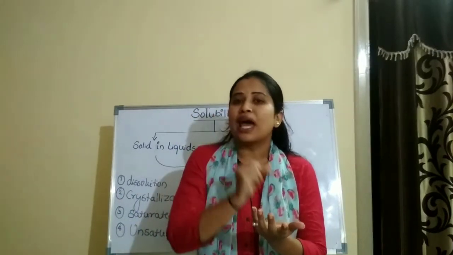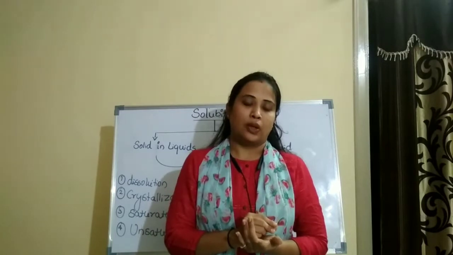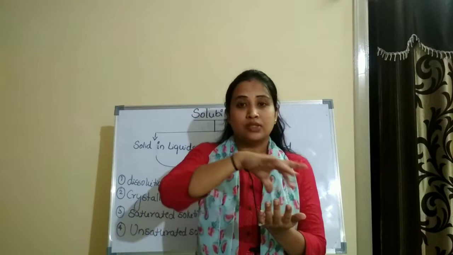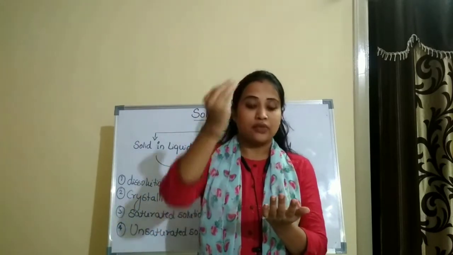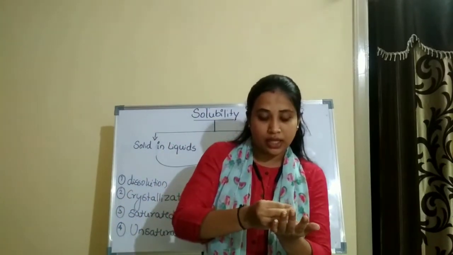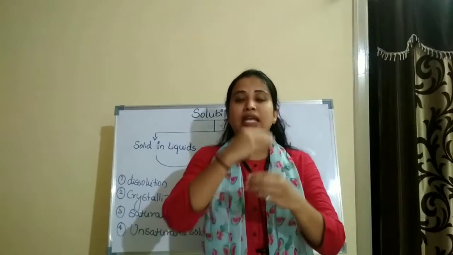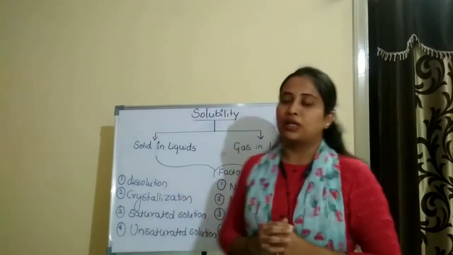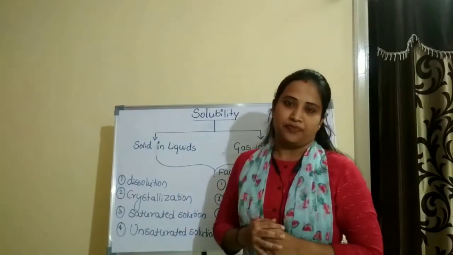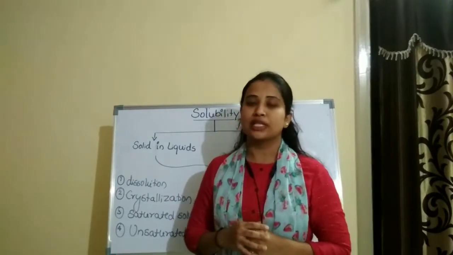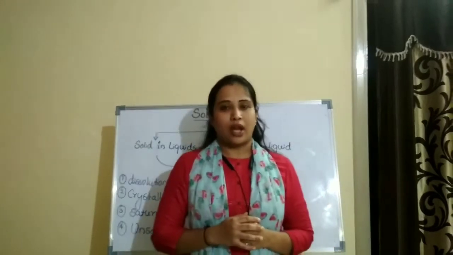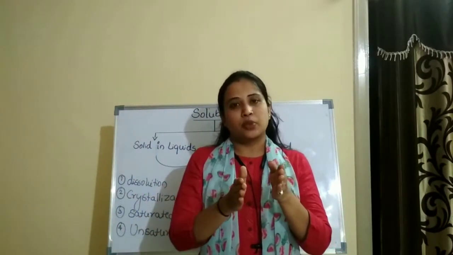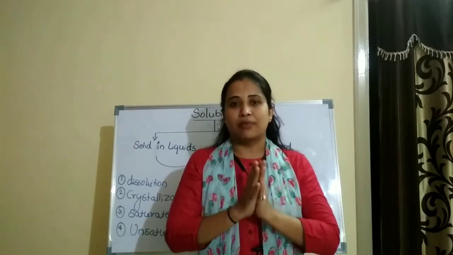When the dissolved salt collides with the solid salt that I am putting, the salt will start reappearing. That state we are going to call crystallization. I hope you have understood this part. At one stage, the dissolution process and the crystallization process will reach an equilibrium condition.